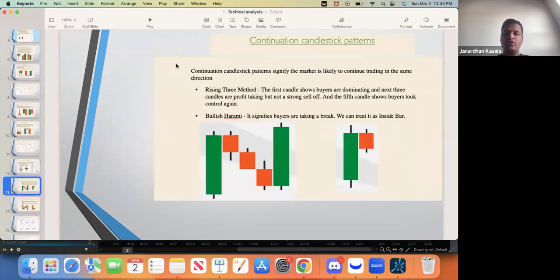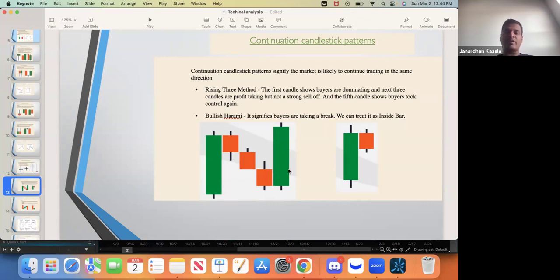How do we identify the continuation candlesticks? Say on a Friday, bulls came in, and it took three days, three candles, for bears to absorb this buying pressure.